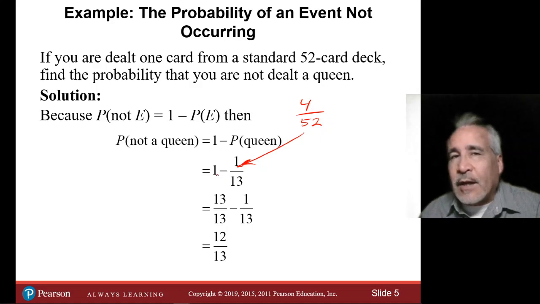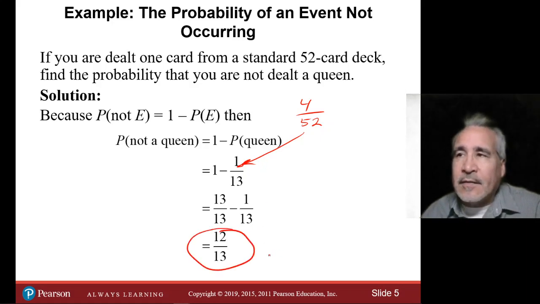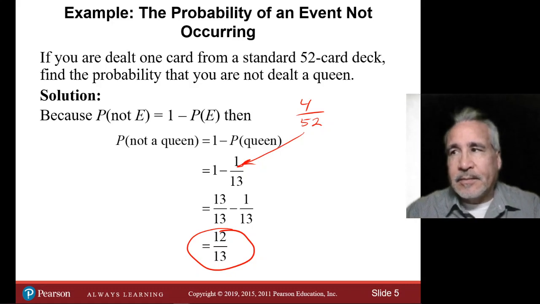And the reason they look at 1 is you can think of 100% as whatever your common denominator is, 13 out of 13. So if it's got a 1/13th chance of getting a queen, you've got a 12/13th chance of not getting a queen.